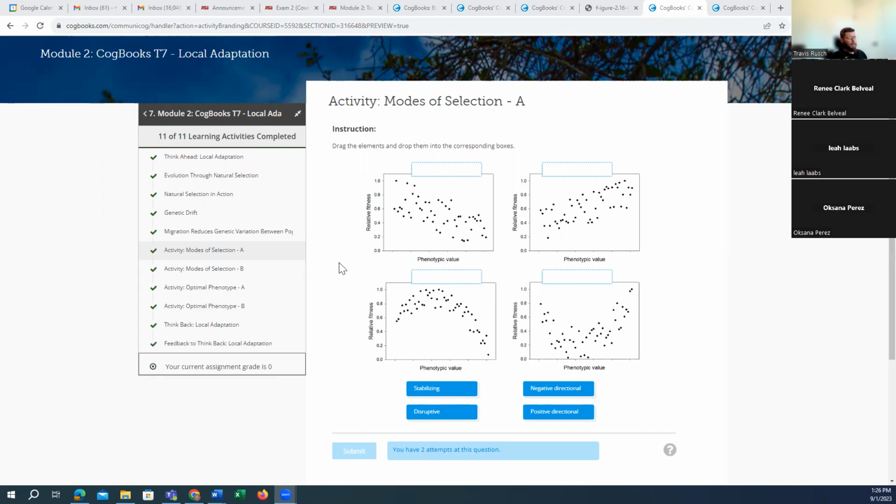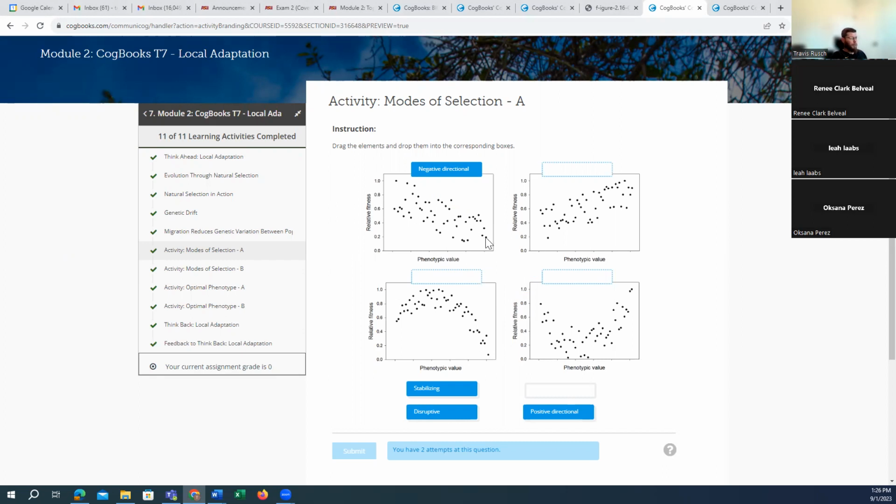Yeah. And this is asking us, using a graph, how do we identify them? So what is the one in the top left here, and why? That one's negative selection because it's going in the negative direction. Yeah, so negative directional selection, because as the phenotypic value increases, relative fitness decreases.